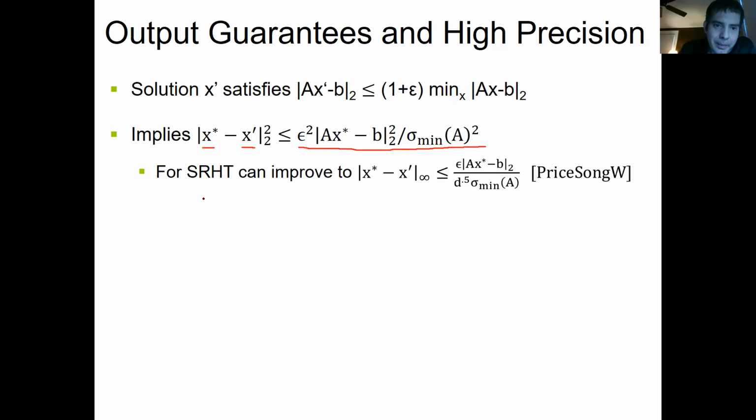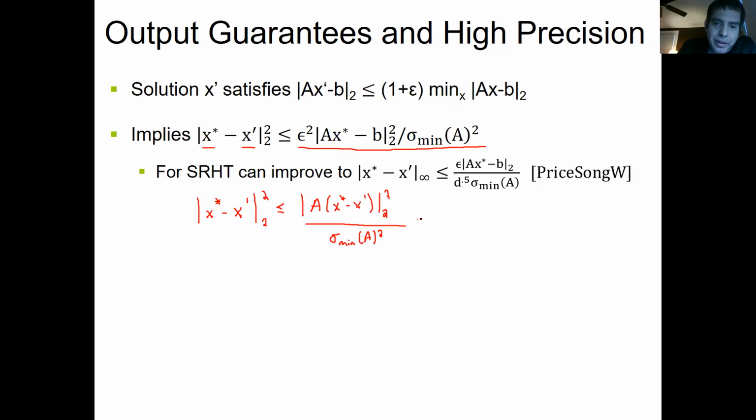I mean, it's more or less just saying that if you look at this square difference, then by definition, it's at most this quantity where I multiply by A divided by the min singular value of A squared.